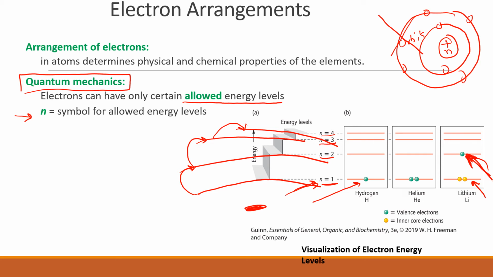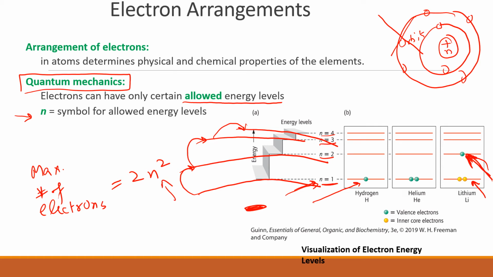Each energy level has a limit of electrons which it can hold, and that condition can be summarized by this formula. The maximum number of electrons on any level is equal to 2n squared, where n is the number of the level.